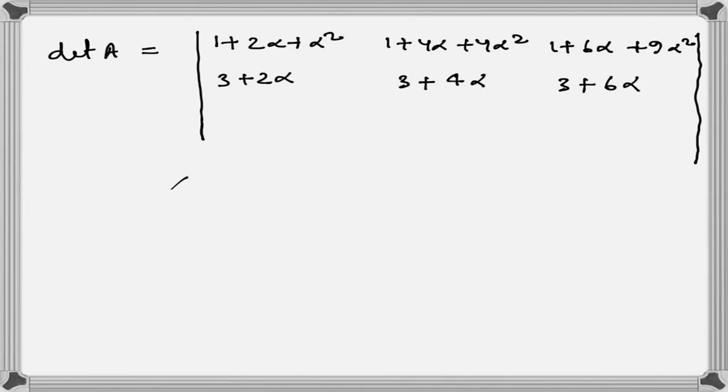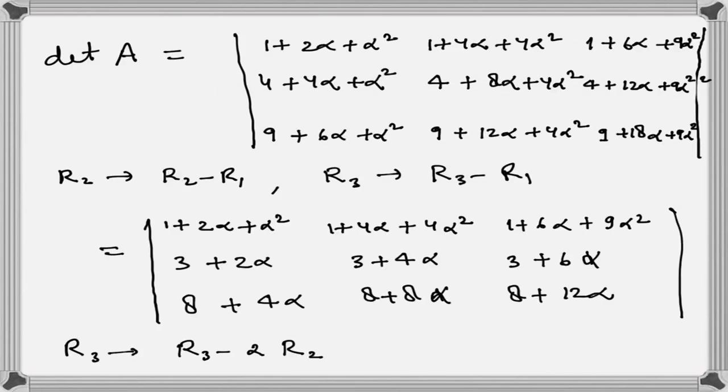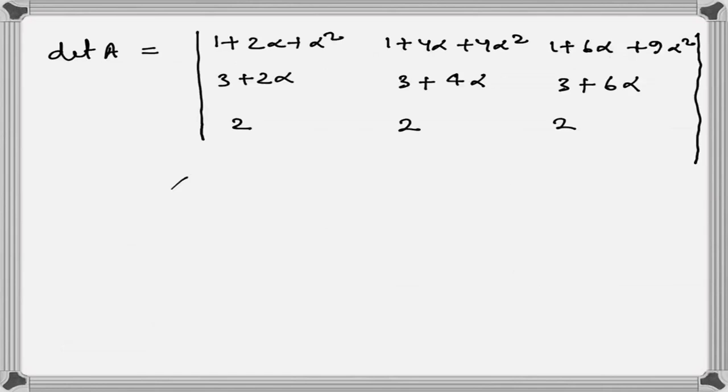Then with R3 minus 2 R2, the alpha terms are knocked out, so we get 2, 2, and 2. Let me just verify one more time.